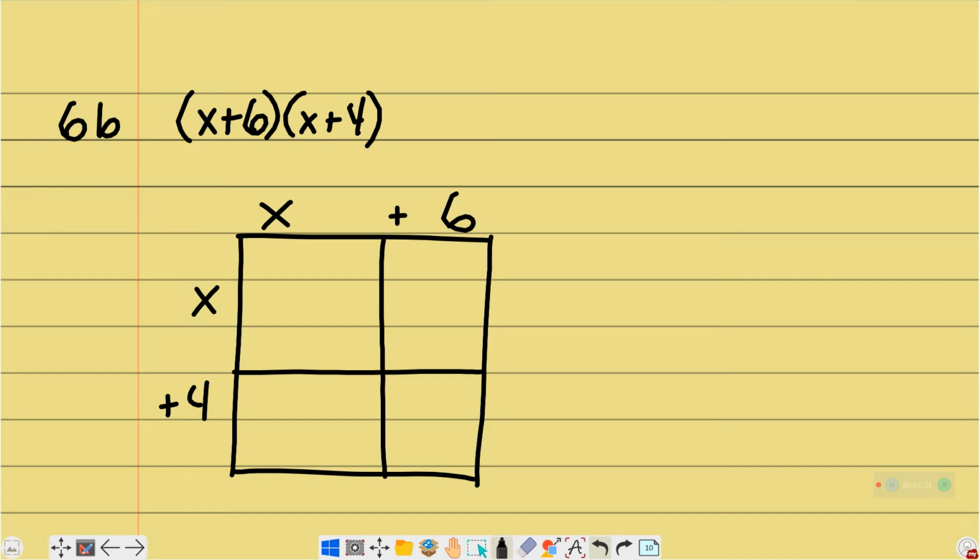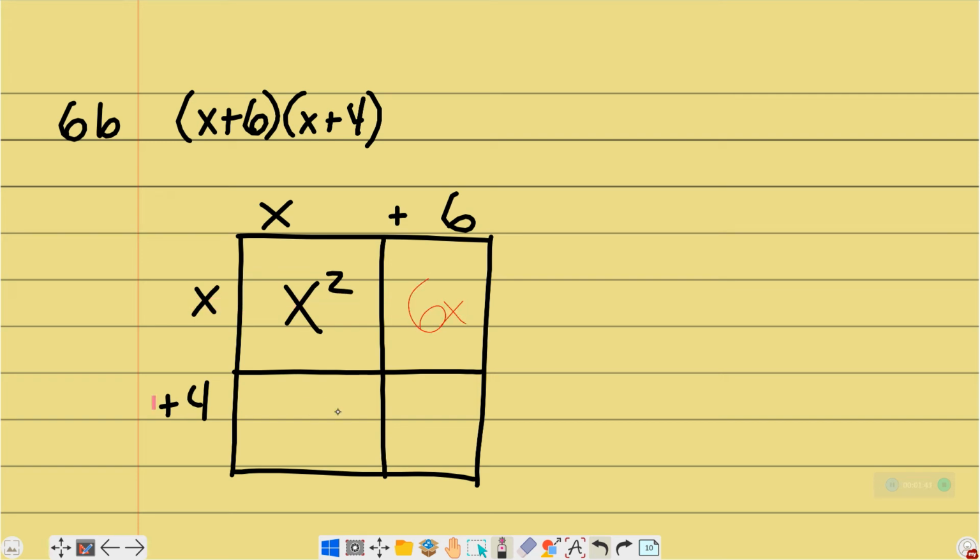Then in this first box, I need x times x. X times x is x squared. In this second box, I want 6 times x, which is 6x.